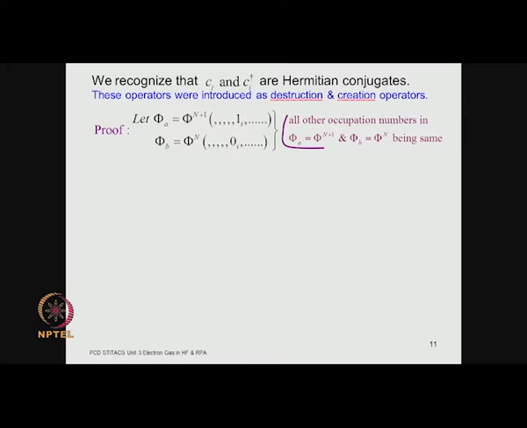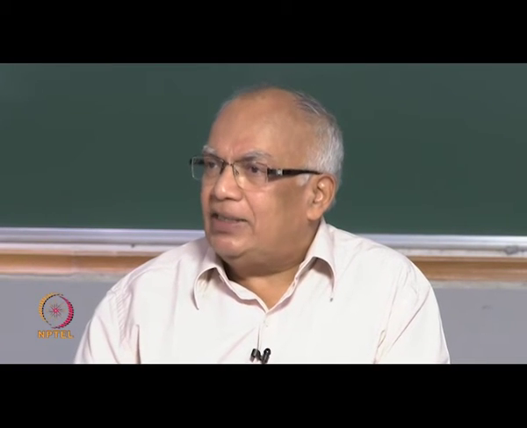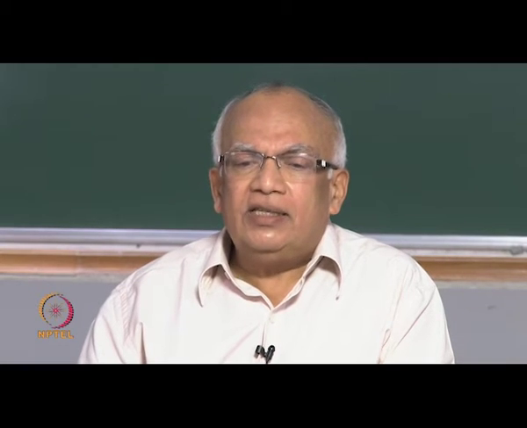So, if you have an n plus 1 particle state, which is phi A, and another state which is an n particle state, phi B. There is only one single electron state which is occupied in excess in the n plus 1 state, and let this be the single particle state with label I.